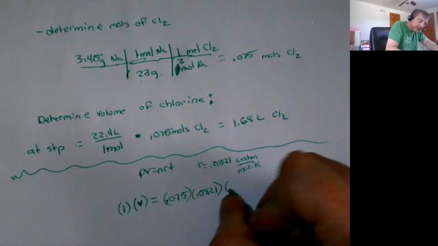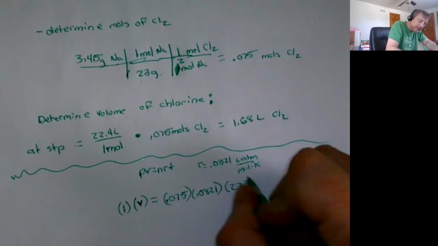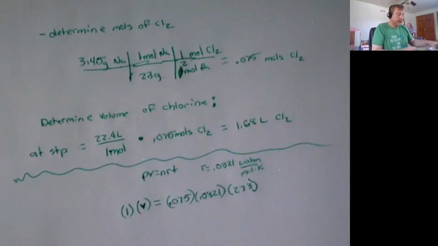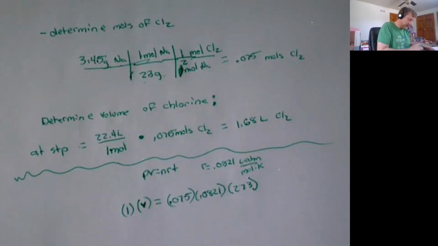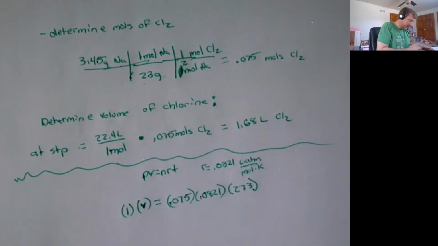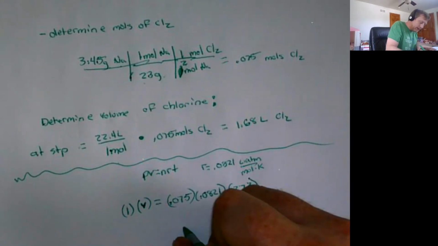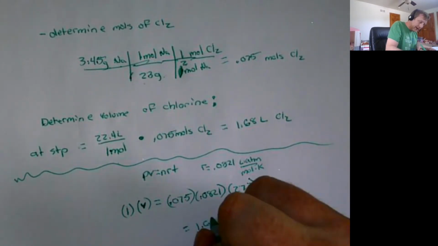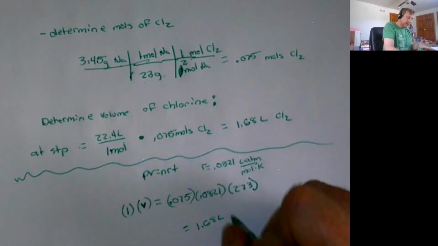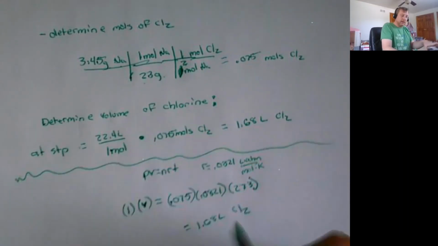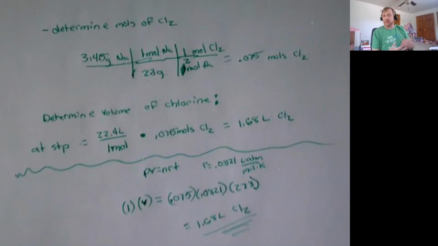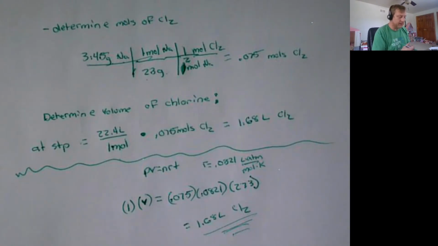And at STP, the temperature is 273 K. And now if we just go ahead and multiply those three things together, we come up with this same 1.68 liters of chlorine gas that we should have. The universe is happy. These laws are consistent with each other.